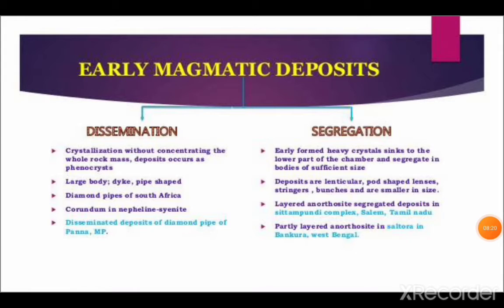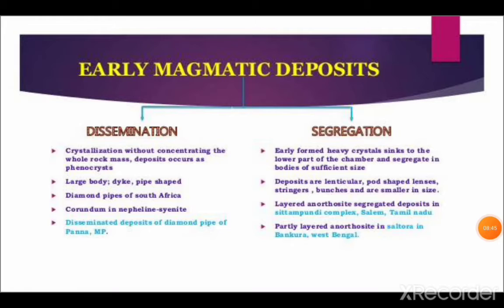The dissemination bodies are larger bodies and are in dike or pipe shaped masses. In segregation deposits, the deposits are small in size, lenticular and pod shaped lenses, and also like bunches they are small in size.